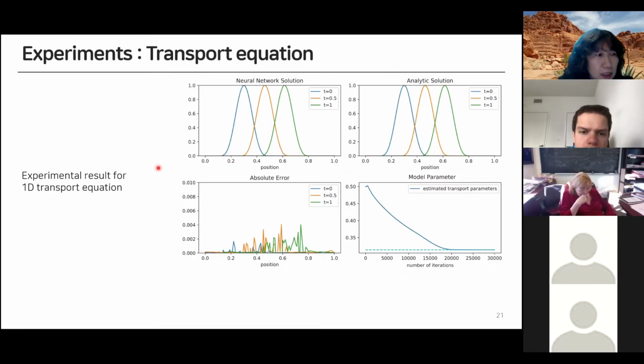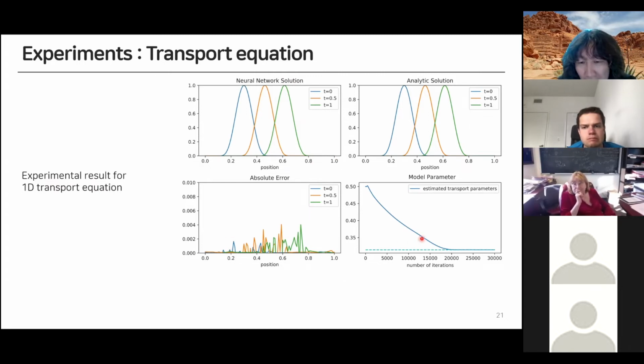The numerical result. First, we can see the 1D transport equation here. Here is a neural net solution from this kind of experiment, and this is the actual solution. You can see they look very similar, right? However, there is some error.